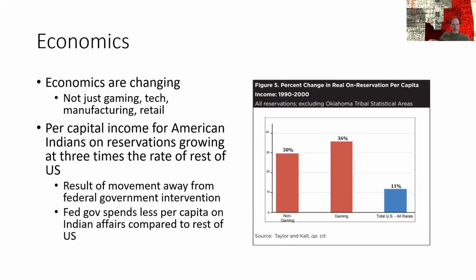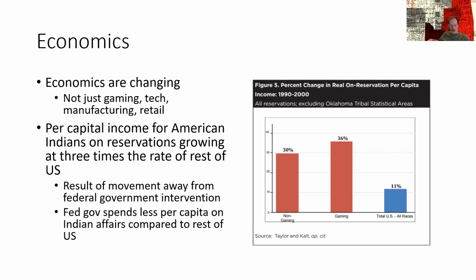And the per capita income has been growing faster than the rest of the U.S. As I said, it's a movement away from how the federal government treated tribes, from one where the federal government was imposing rules and regulations, probably putting it lightly, to letting the tribes run themselves.